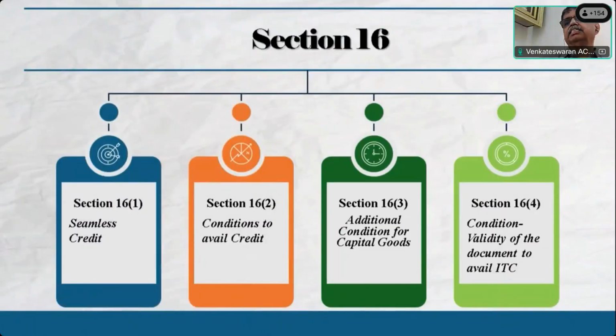Then this is section 16.1, seamless credit, condition to avail credit, additional conditions for the capital goods. And section 16.4 says condition for validity of the documents to avail it. This is the bane of contention for many people. On 16.4, the Patna High Court has given a verdict.